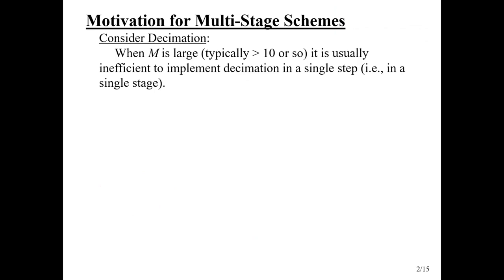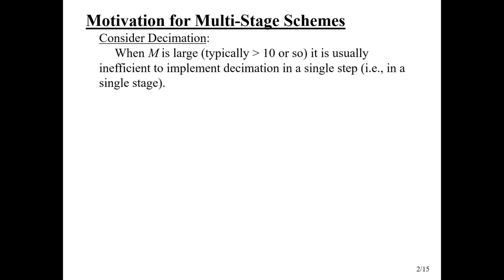So why are we talking about multi-stage schemes? We talked about last time how we could just, in one step, upsample by a factor of L, or downsample by a factor of M, each of those factors being an integer.